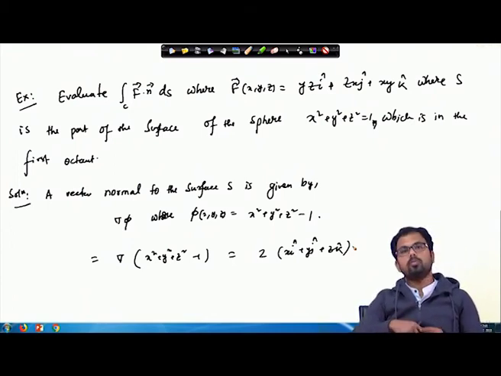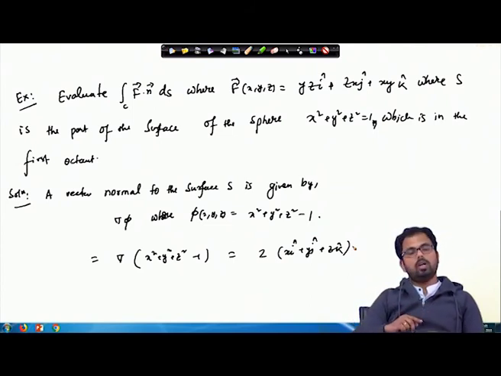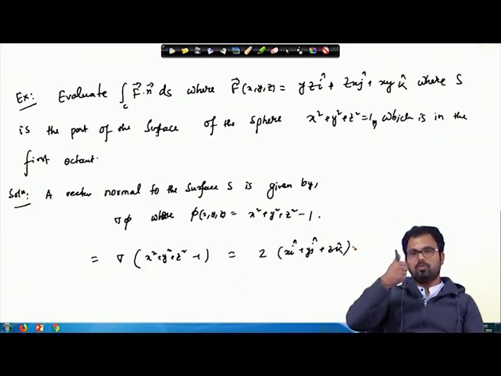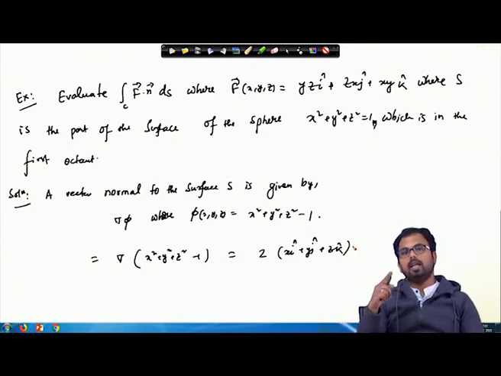Now, this is normal to the surface S, but n is the unit outward drawn normal. Gradient of phi is just the outward drawn normal, so we have to now calculate n cap.